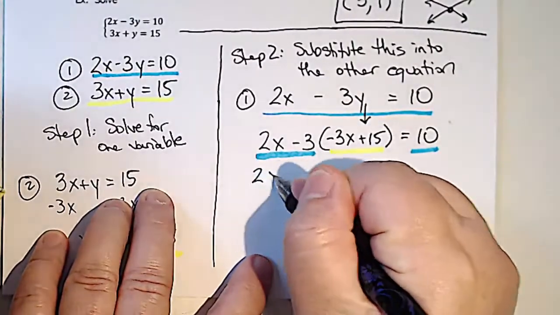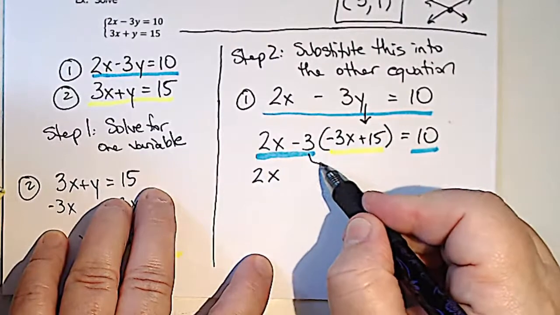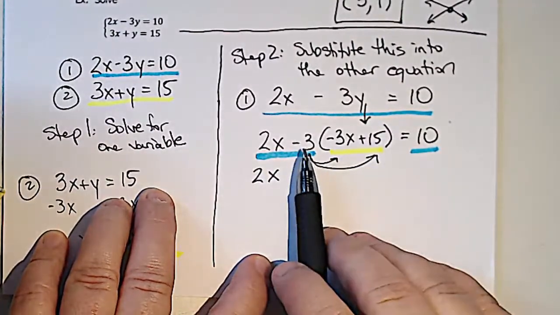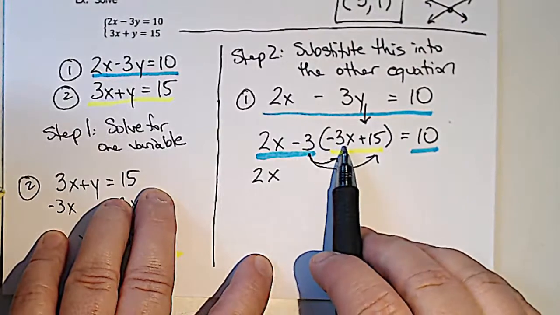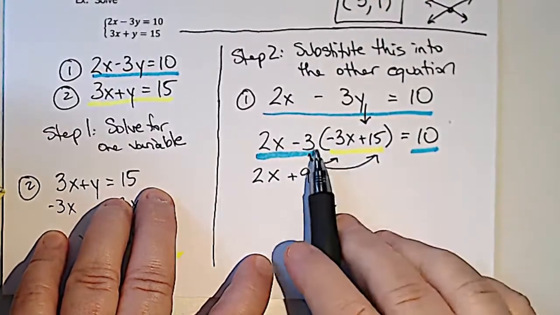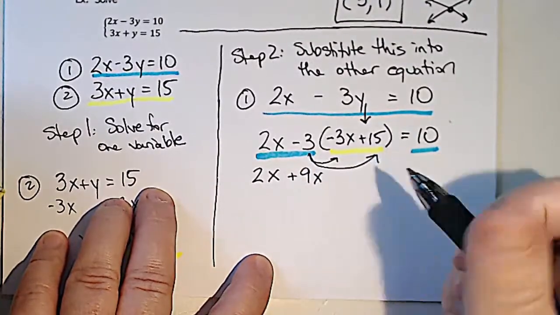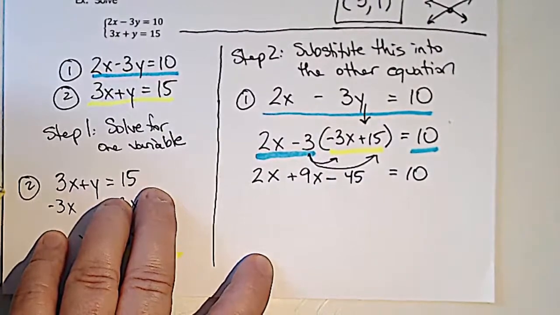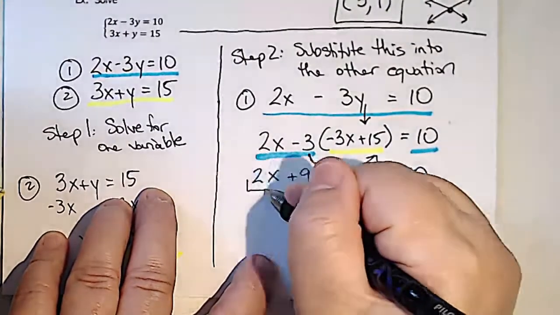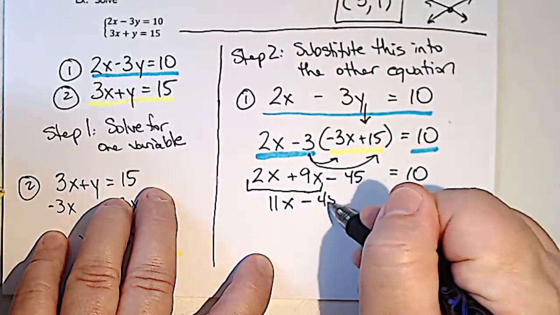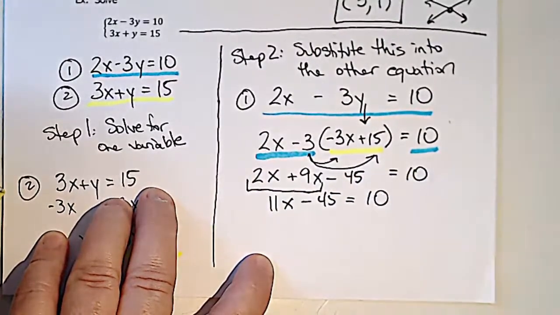Okay, so I got 2x. Now remember, this negative 3 is going to multiply through. We're going to use the distributive property. Negative 3 times negative 3x is a positive 9x. Negative 3 times positive 15 is a negative 45. All that equals 10. If I combine these, I get 11x minus 45 equals 10.